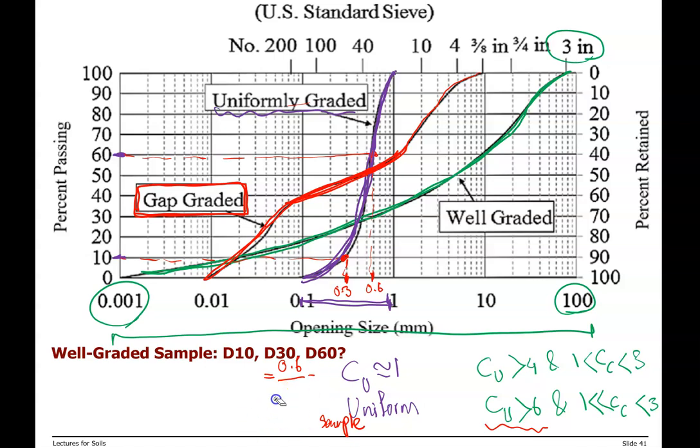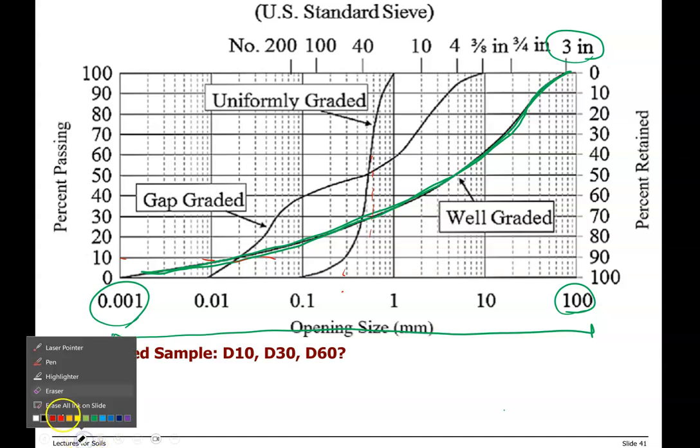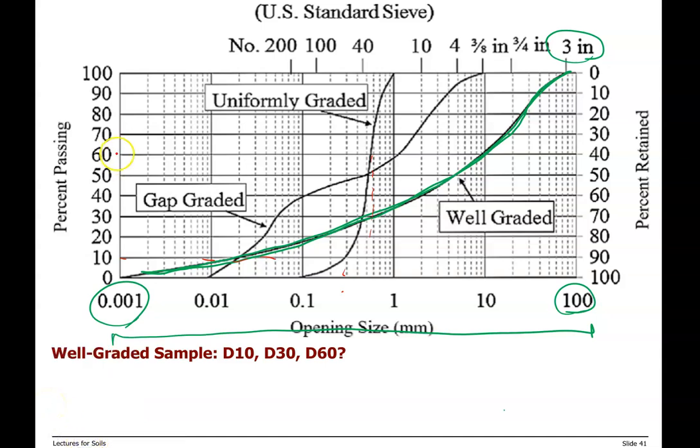Now let's calculate Cu and Cc for the well-graded sample. So I'm going to erase everything else. The well-graded sample is the green line. We want to find D60. That's D60, which is 9 millimeters.